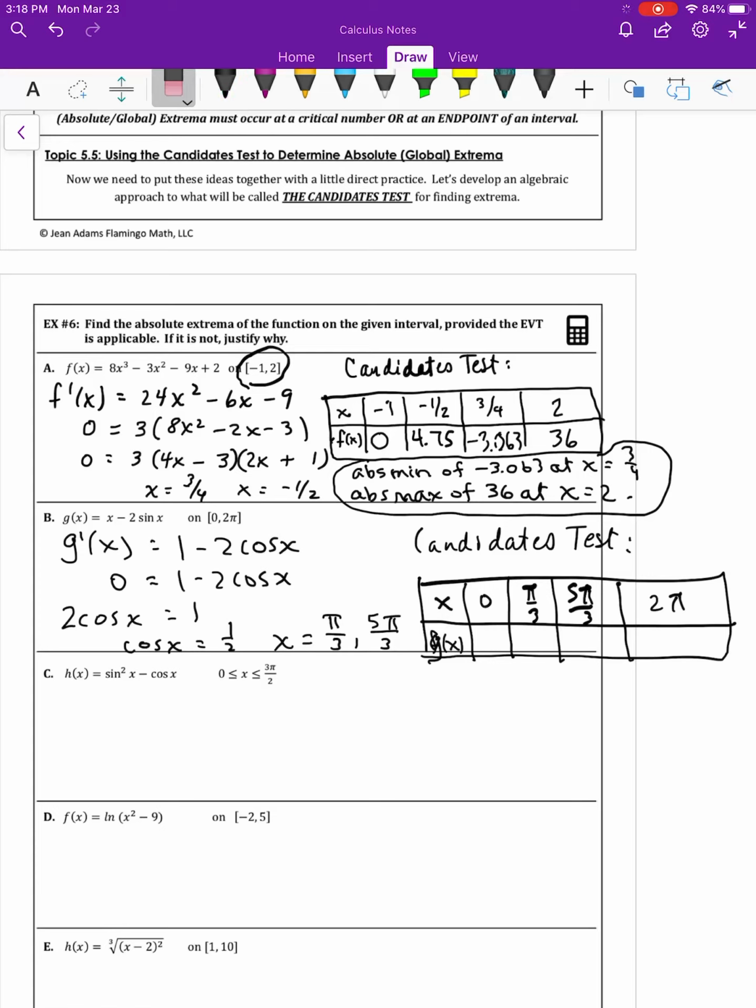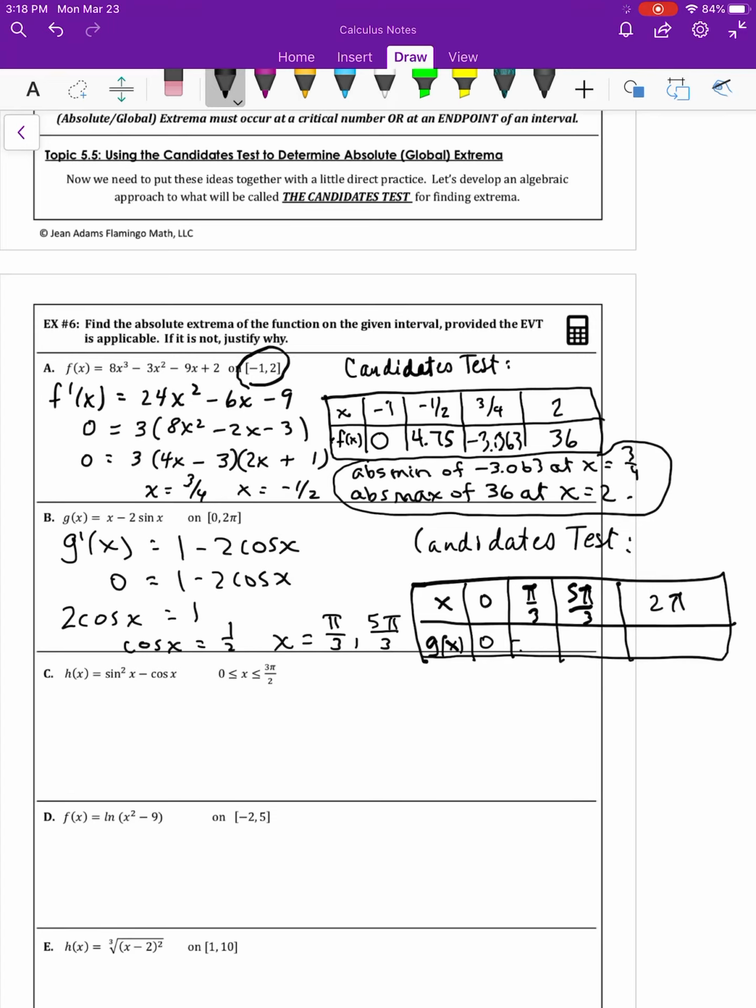Now, if we look at our original function, g of x, and we put 0 in, we get 0.